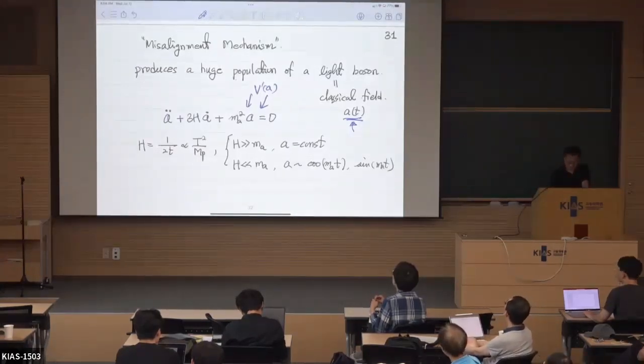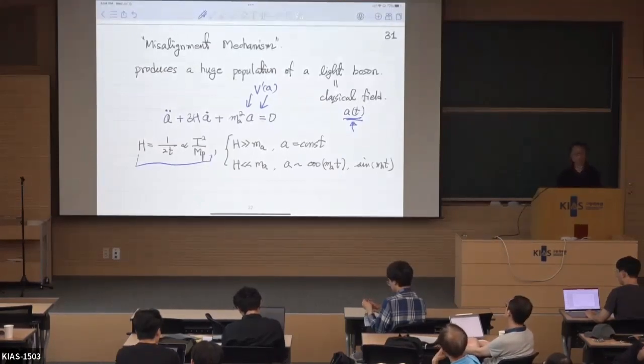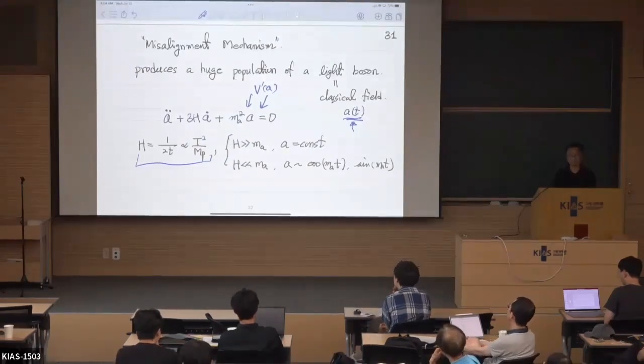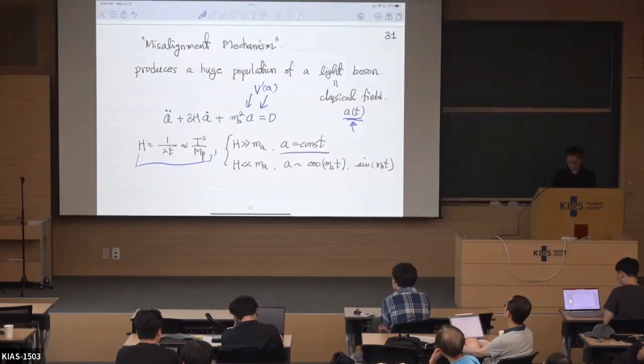So it evolves in the expanding universe like this. This is the Hubble parameter in the radiation domination era, 1/t, proportional to temperature squared. When H is much larger than m_a, you can forget about this term, and A dot equals 0 is a solution. So A is constant.